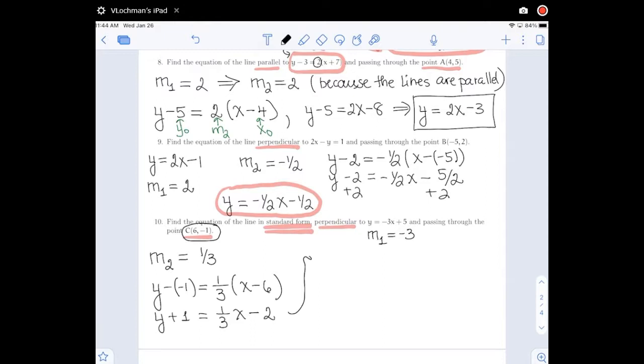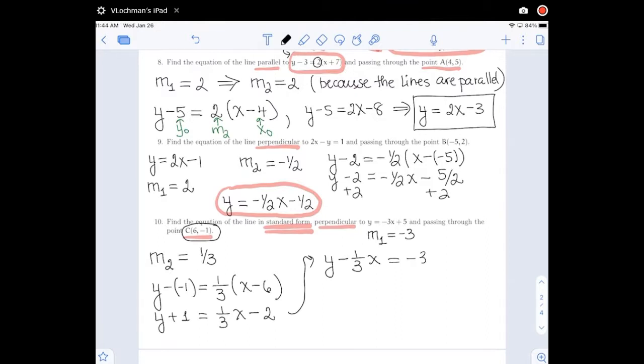Okay, let's see. I'm going to move all my variables on one side. So that's going to be y minus 1/3 x. And what's going to happen to the coefficient on the right? So that's -2 minus 1. That's going to be -3.